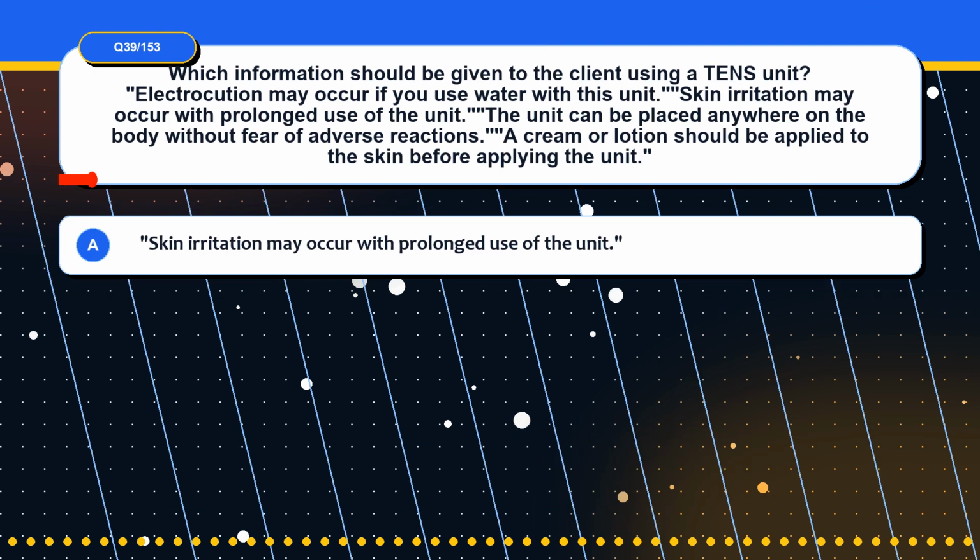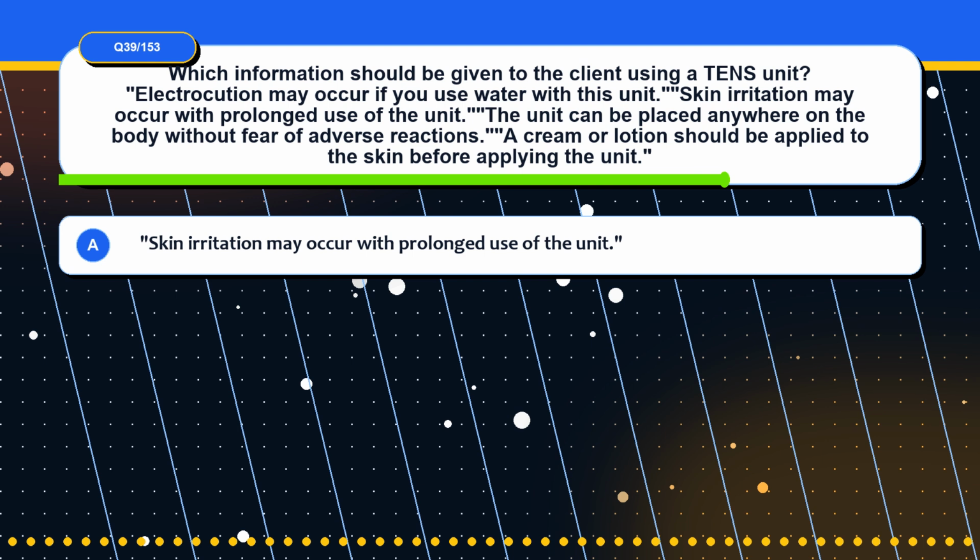Question 39. Which information should be given to the client using a TENS unit? Electrocution may occur if you use water with this unit. Skin irritation may occur with prolonged use of the unit. The unit can be placed anywhere on the body without fear of adverse reactions. A cream or lotion should be applied to the skin before applying the unit.